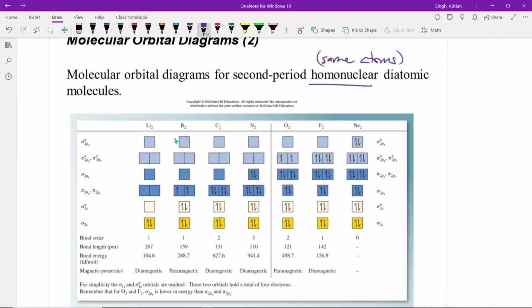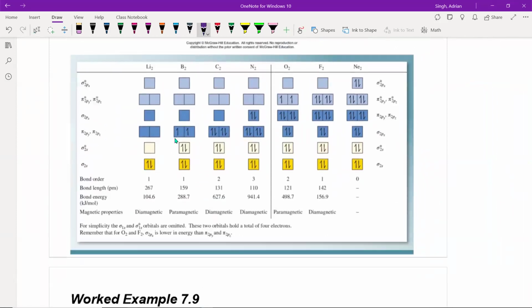In all of these MO diagrams, you don't see the sigma 1s and the sigma star 1s, and that's because they are both going to be completely occupied, and they're going to essentially cancel each other out. So we don't need to account for them in our MO diagram.